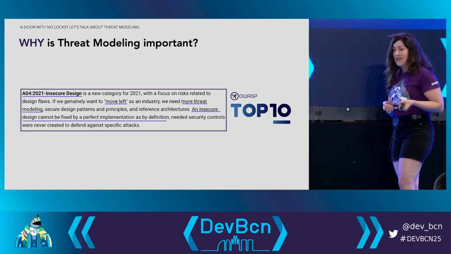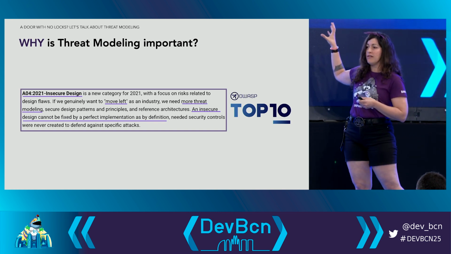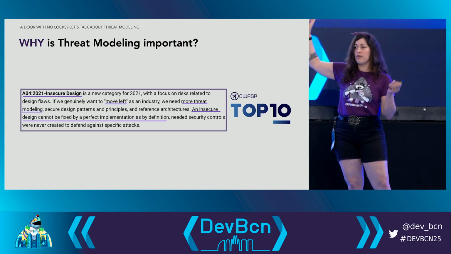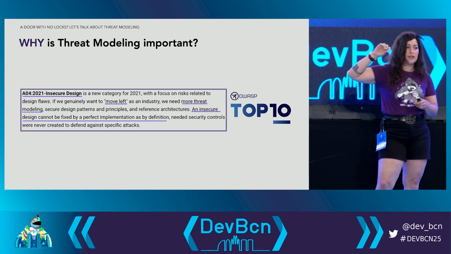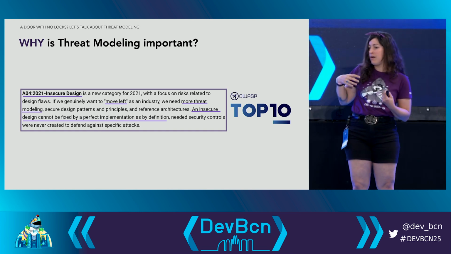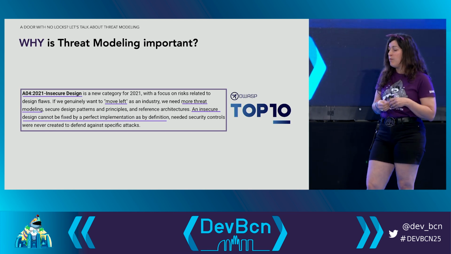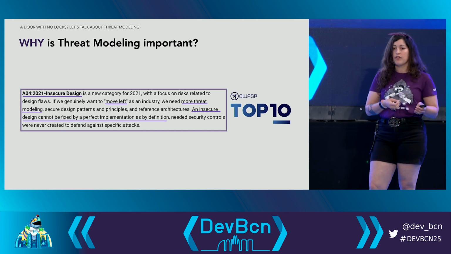OK, so why is this so important? If we go to the OWASP Top 10, if you know what OWASP is. For the ones that don't know, this is the Open Web Application Security Project. It's a foundation that has all sorts of documentation about security and all kinds of manuals to apply security in your projects, you name it.